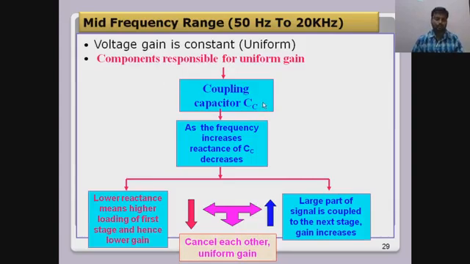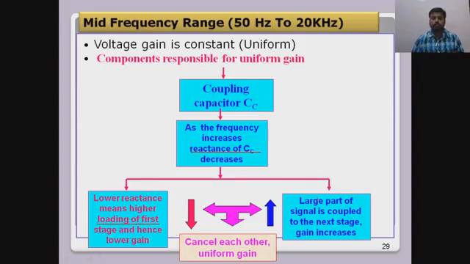As the frequency increases, the reactance of the coupling capacitor decreases. So lower reactance means higher loading effect of the first stage. Lower reactance, that is at high frequencies, means lower gain.